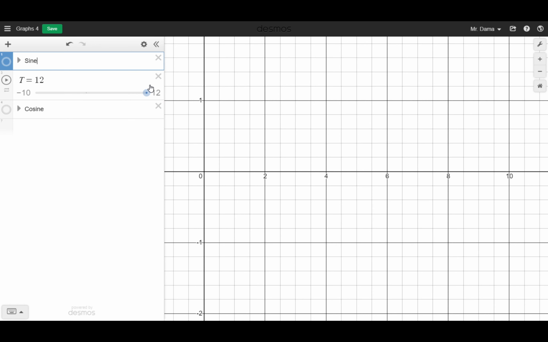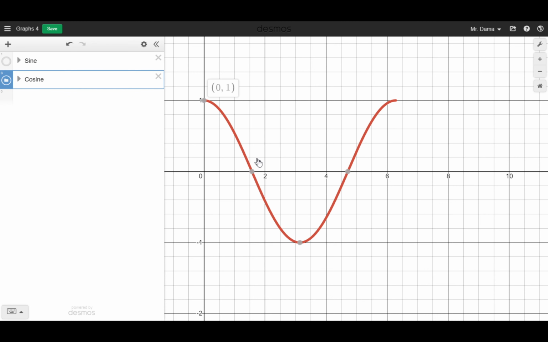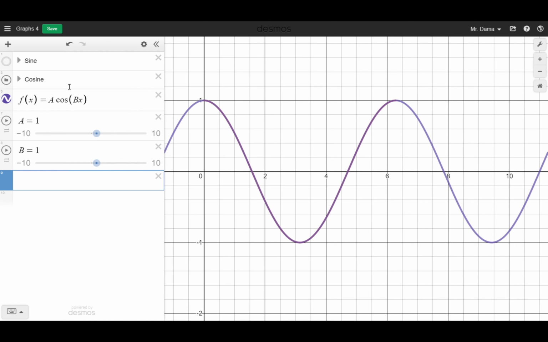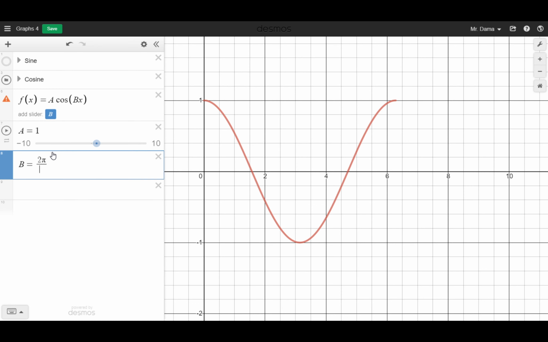And I'm just going to quickly show you the cosine curve. The standard cosine curve starts at 1, goes down to 0, goes down to -1, and then comes back up to 1. And so if I were to write a cosine curve out, f of x equals a cosine b of x, I'd once again want to change b to 2 pi divided by t, right?